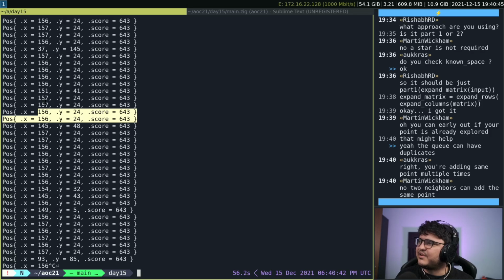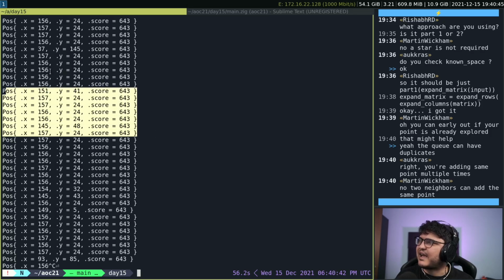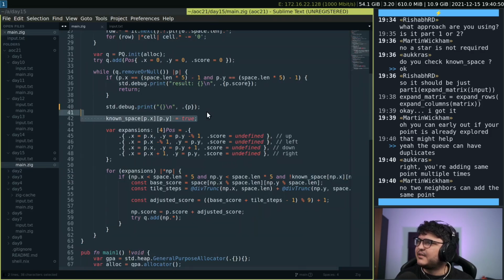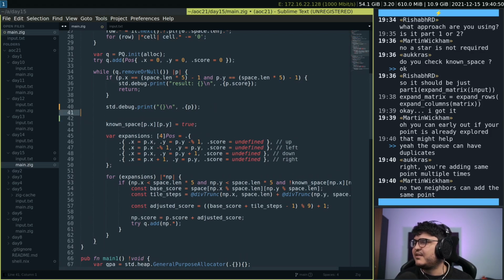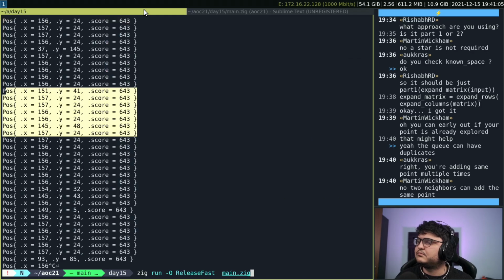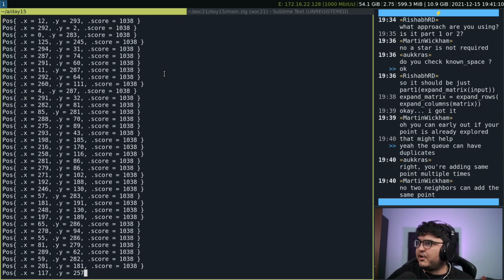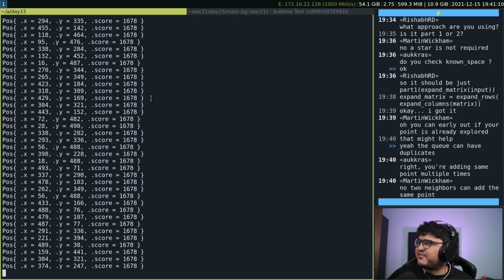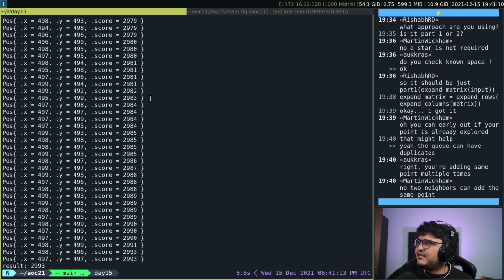Okay, we don't even have to ask. We definitely do have duplicates in there. Okay, let's do it. If known space, we just toss it away. Let's see. Holy shit, that does make a big difference. Let's go.